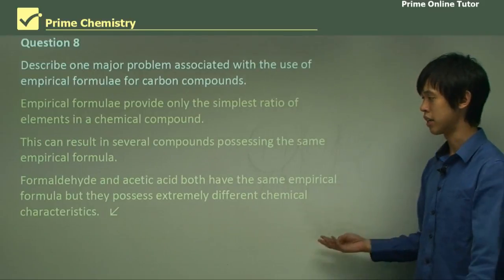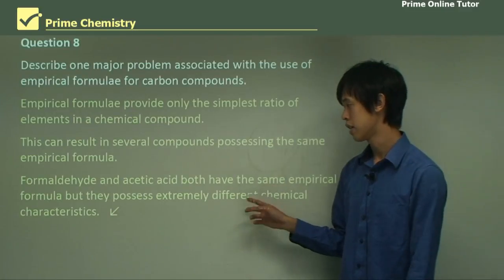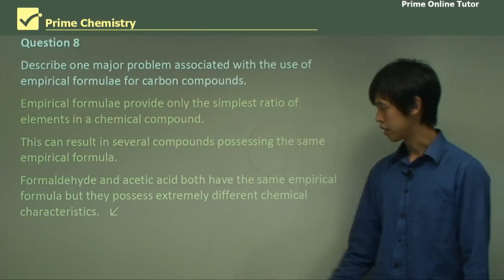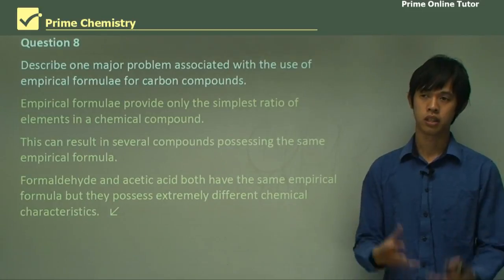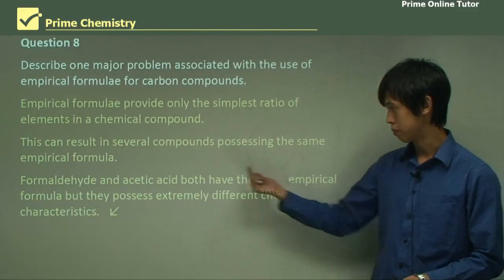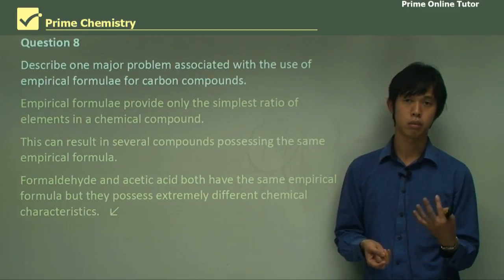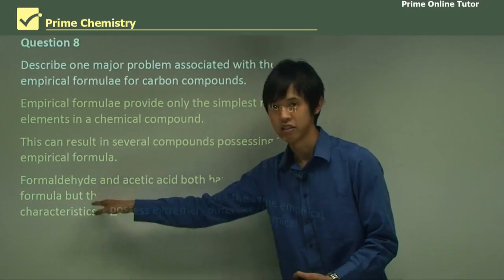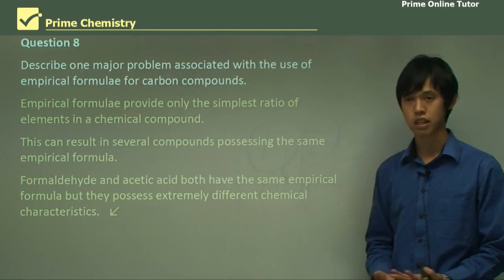One example is formaldehyde and acetic acid. Both have the same empirical formula, but they possess extremely different chemical characteristics. Acetic acid is vinegar. We eat it, we put it on our chips or in our salad. But formaldehyde is a carcinogenic chemical that helps preserve dead bodies. So they obviously have very different chemical characteristics, but the same empirical formula.